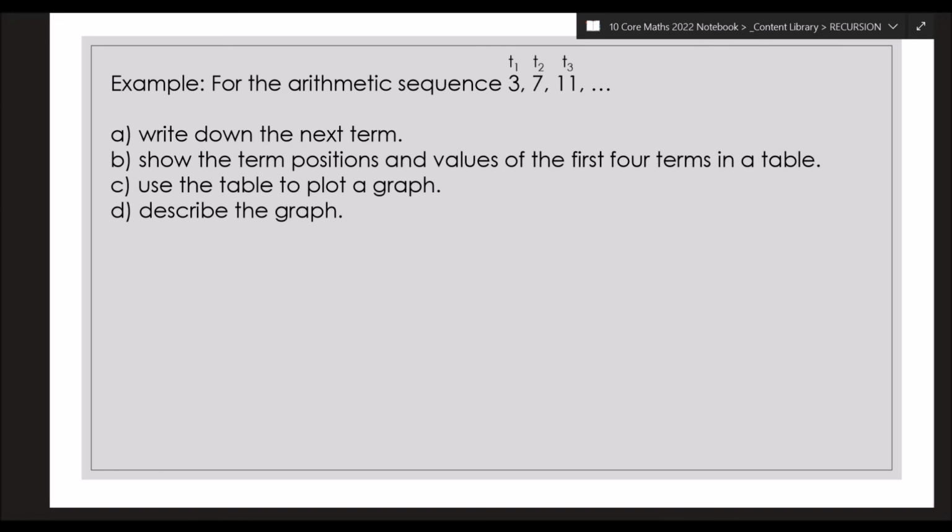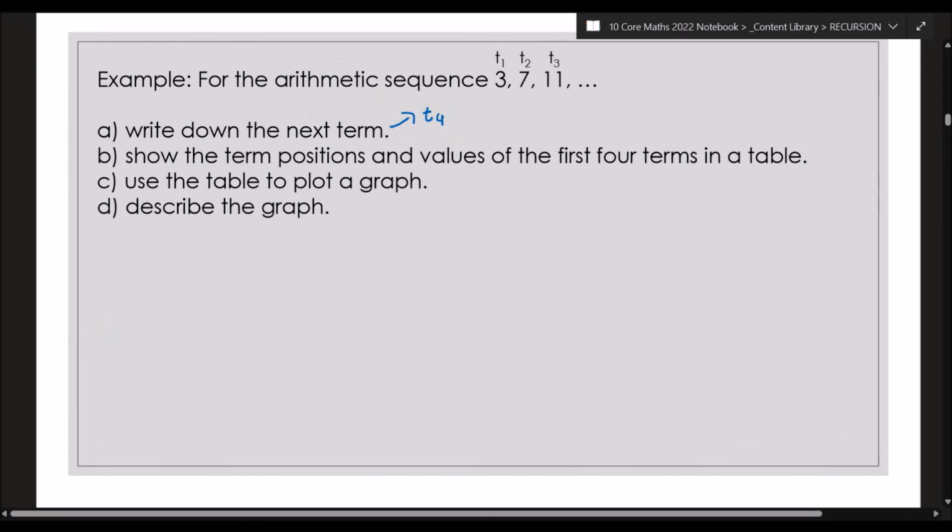Write down the next term, so we're going to figure out what is term 4. Show the term positions and the values of the first 4 terms in a table. Basically we need to display them in a table and then use that table to plot the graph. And then question D is describe the graph.